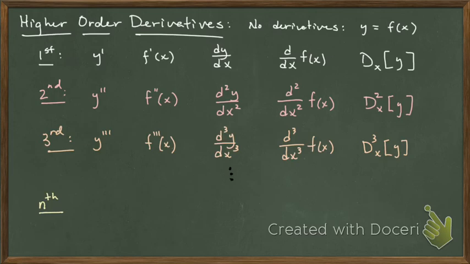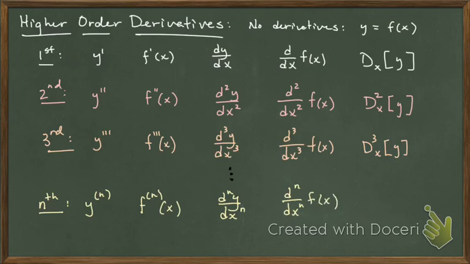The prime notation gets really cumbersome with n derivatives, right? You can write primes forever. So the way we handle that is with an exponent. We say y to the nth and f to the nth of x, okay? So those are the nth derivatives of my function, and the other notations then follow through for exactly what you would expect. Okay?